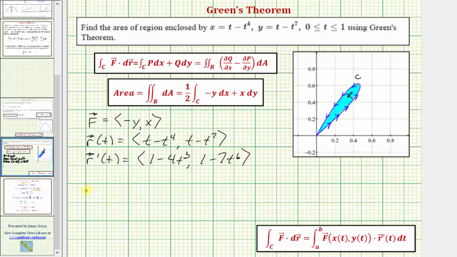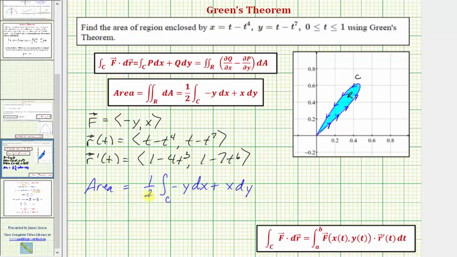So now we know the area is equal to 1/2 times the line integral along the curve C of negative y dx plus x dy. And now to evaluate this line integral in differential form, we can also think of this as 1/2 times the line integral of F dot differential r, which can be written as a single integral, the integral from a to b of F of x of t comma y of t dot r prime of t dt.